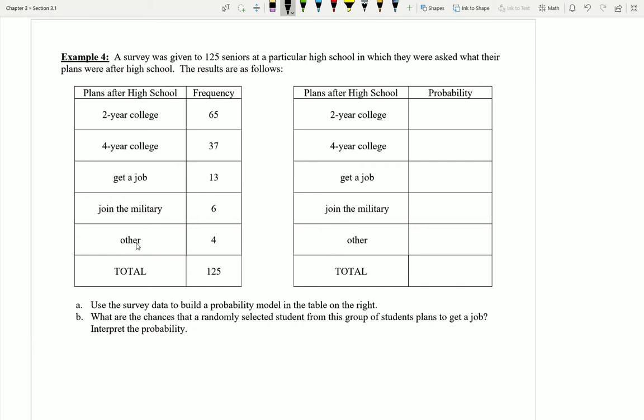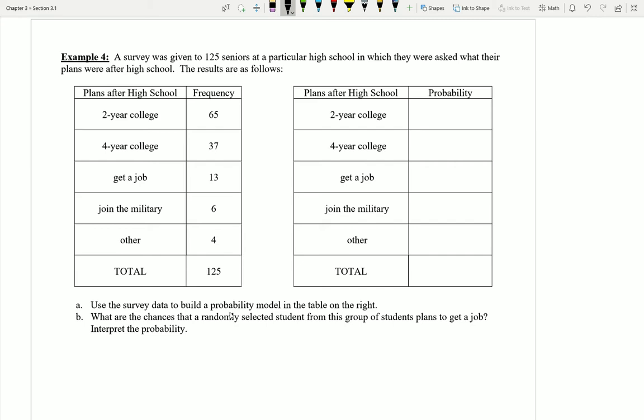Now, I can easily go ahead and translate each of these individual frequencies into a probability. And the way I can do this is in part A, using my survey, I can build a probability model. That is, if I was to randomly pick out one of these students, maybe I had like a big roster of all of their names.